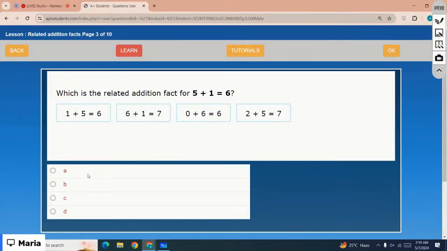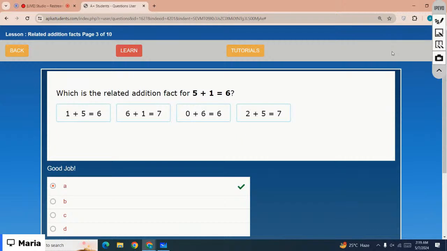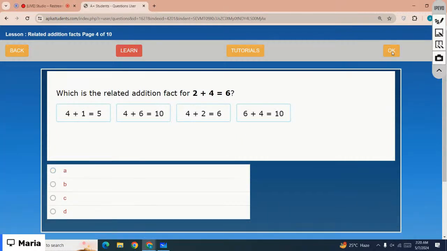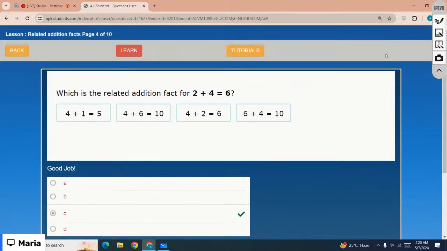Option number A is the correct option. The correct option is, yes, that's option number C. 4 plus 2 equals 6 is the correct option.